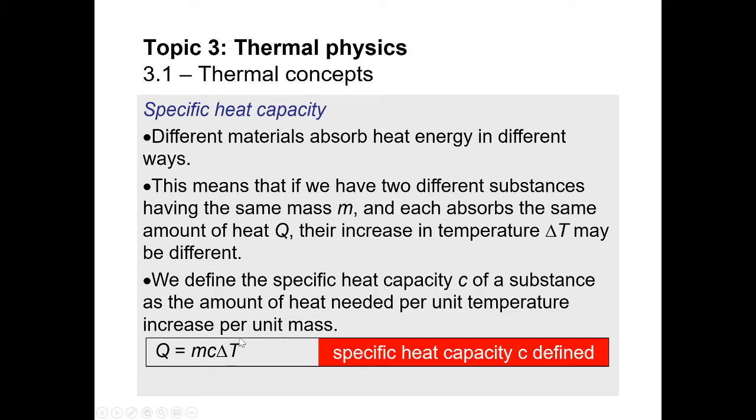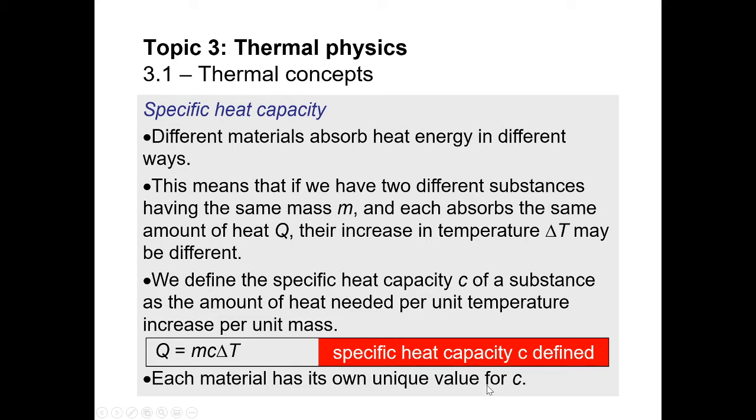So that means that delta T will be measured in degrees Celsius, M will be measured in kilograms, and Q is, of course, measured in joules. If you study chemistry, you'll most likely see this formula again, and more often than not, the M will be measured in grams because you'll be dealing with smaller masses.